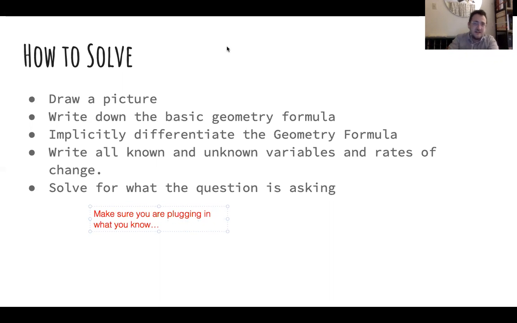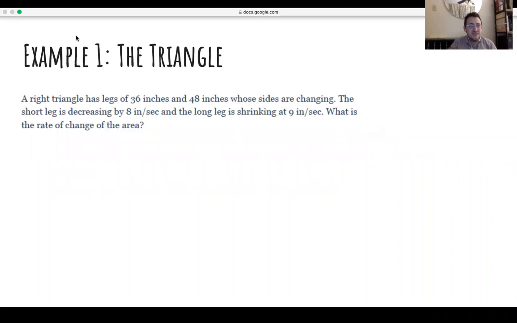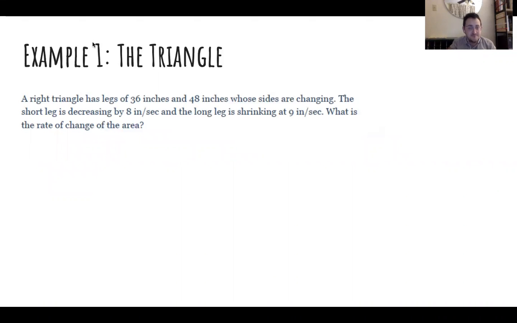Okay. Let's do a triangle problem. We have a right triangle, and it's asking us the rate of change of the area. On the general formula sheet, I forgot to put the area of a triangle, but I will put it here.